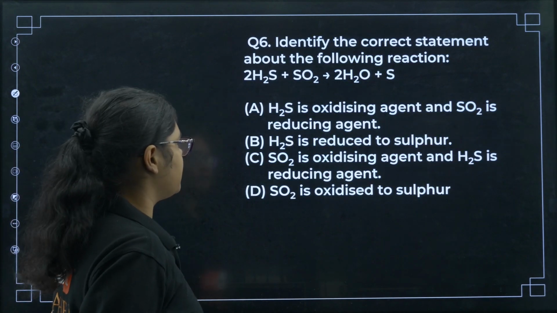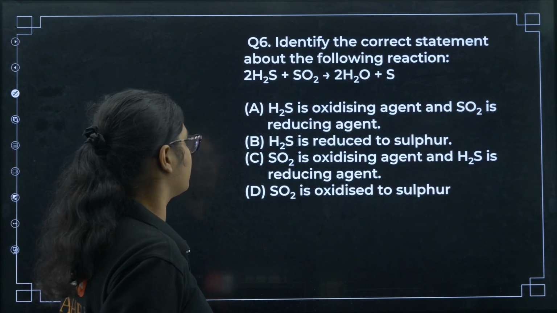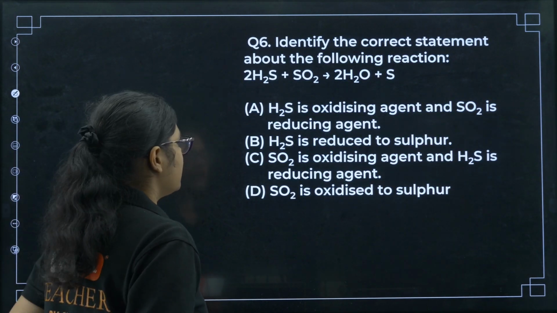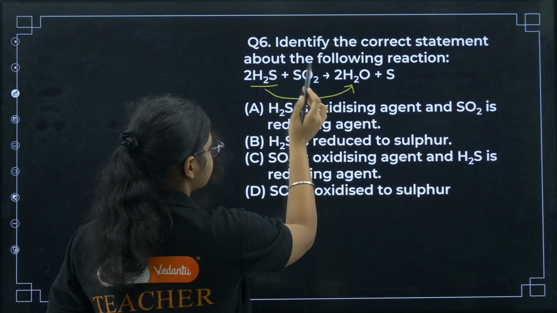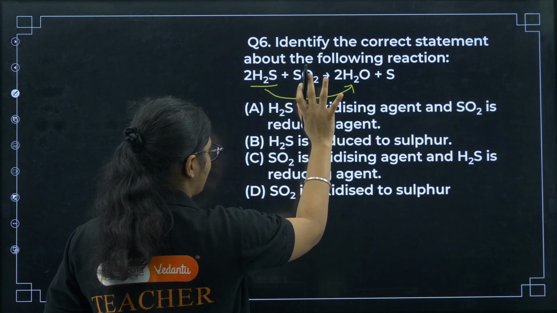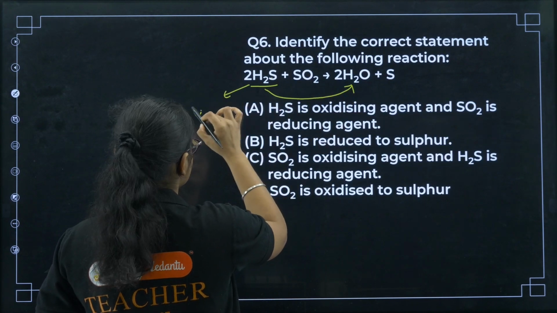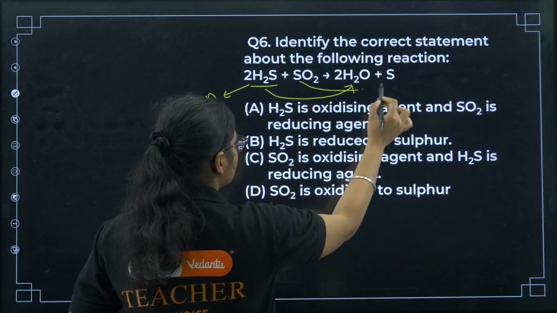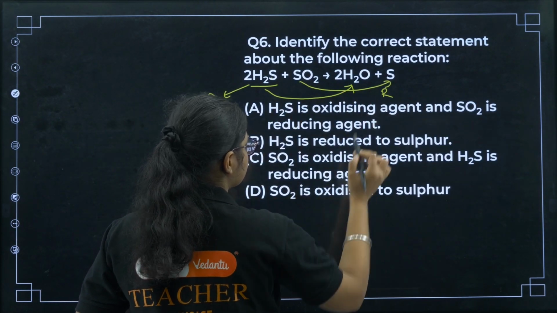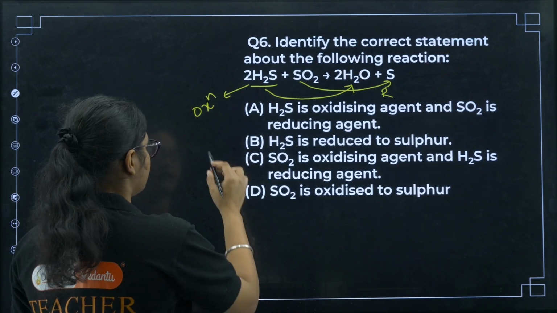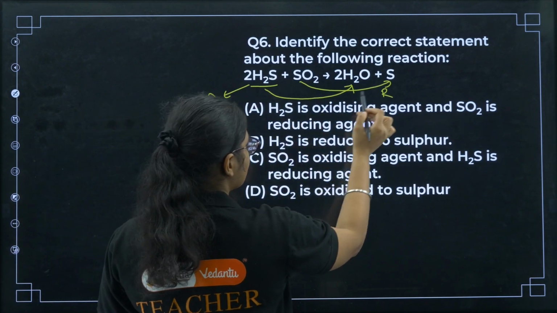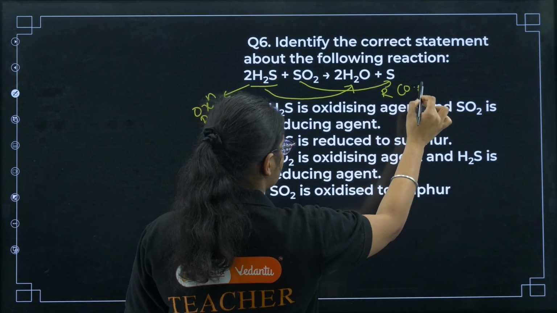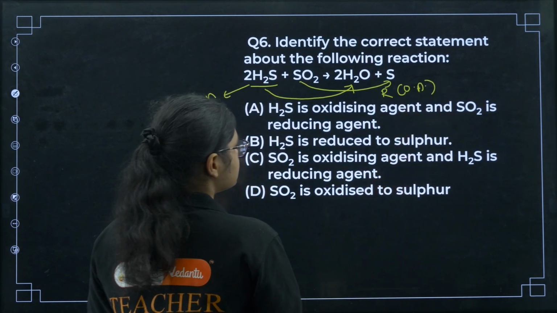Identify the correct statement about the following. Here you can see H2S to S, hydrogen is removed, or addition of oxygen has taken place, so this is oxidation. In SO2 to S, oxygen is removed, so it is reduction. So we can say that H2S is undergoing oxidation, so it is a reducing agent, and SO2 is undergoing reduction, so it is an oxidizing agent.